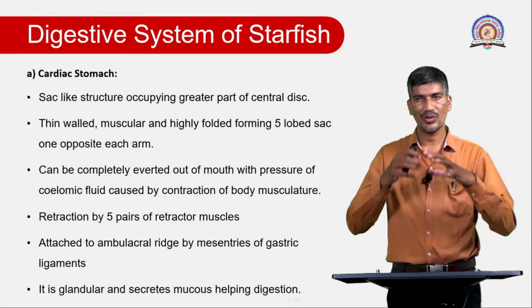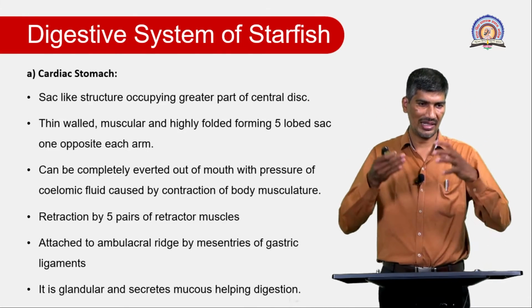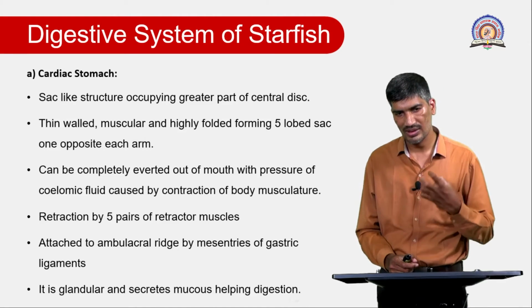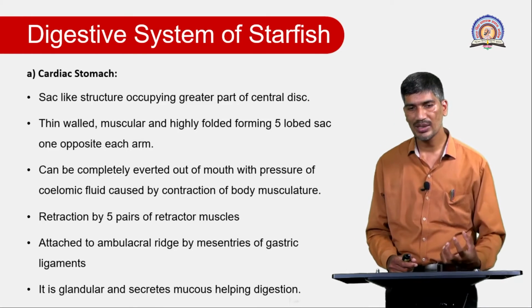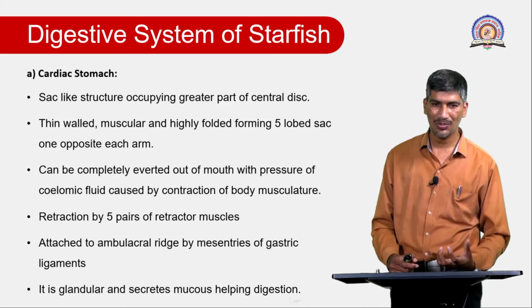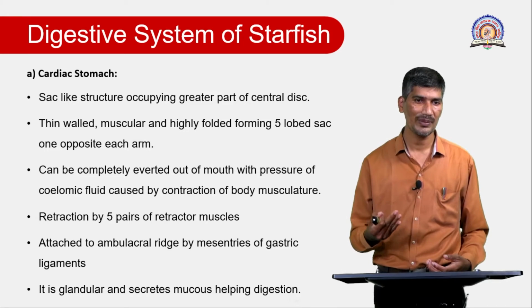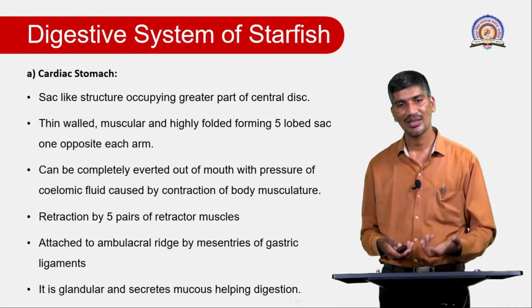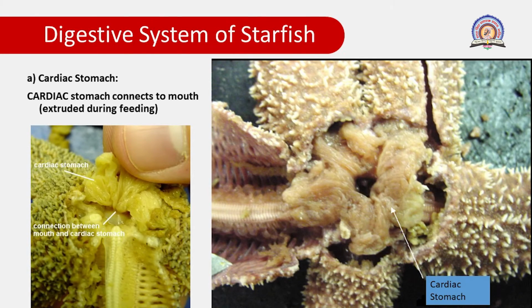In the wall and edges of the cardiac stomach, we can find mucus glands. These glands secrete mucus, which also helps in the digestion of the food particles in the starfish body, so that the food is partially digested through the glandular secretion.